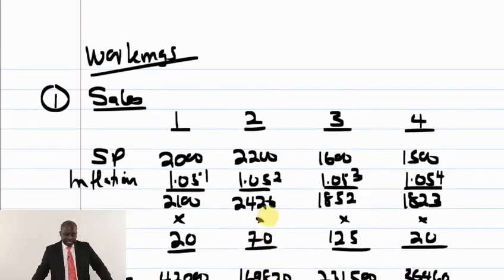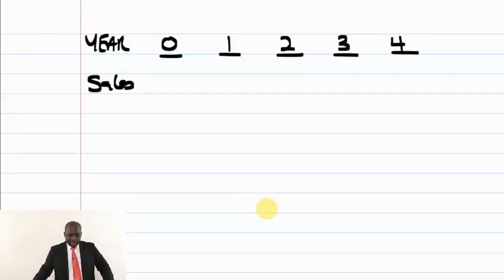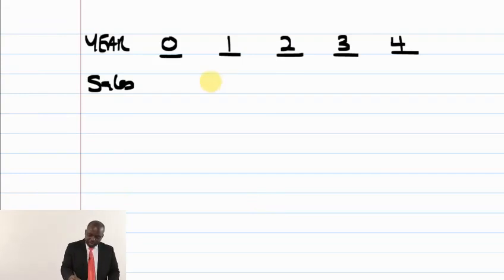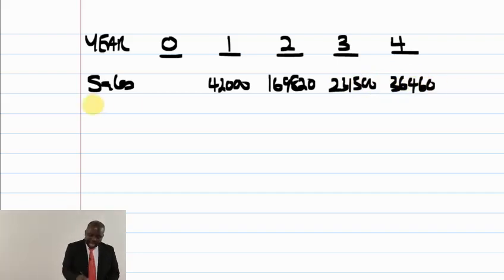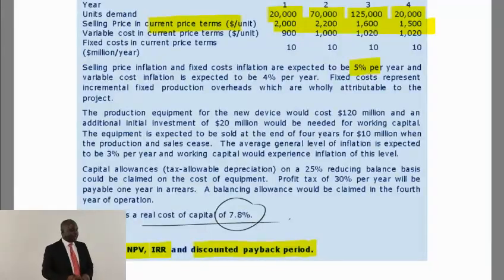You move yourself up quickly. You see, investment appraisal questions are always demanding, so I will encourage you to be moving quickly. So I will say 42,000 here, 169,820, 231,500, and then 36,460. I have to get the variable cost. What is the question saying about variable cost?